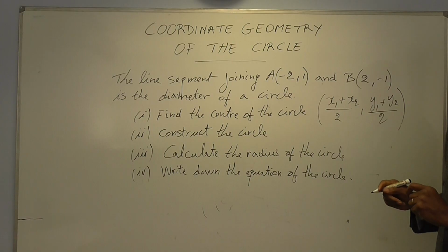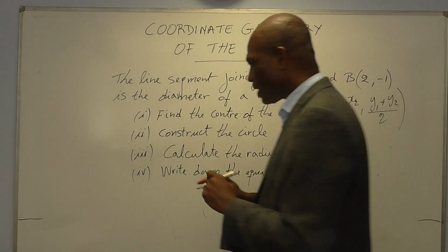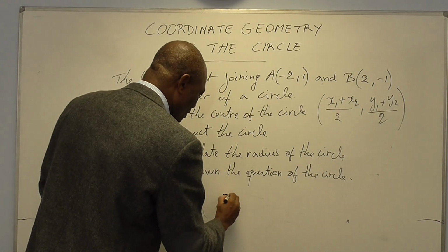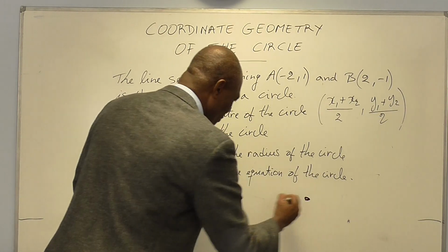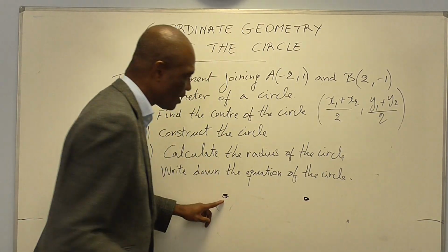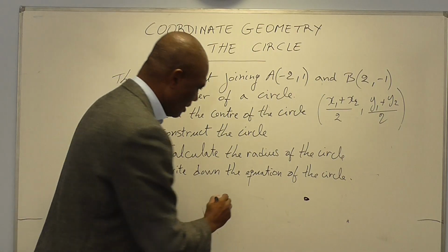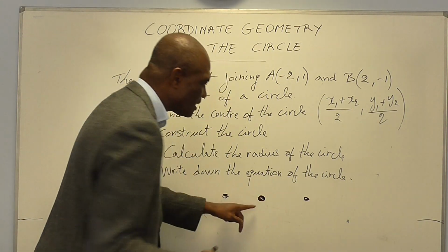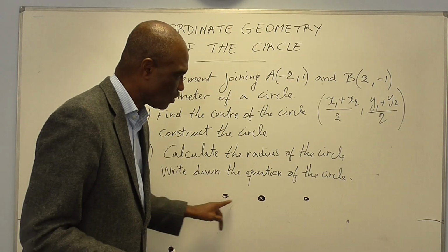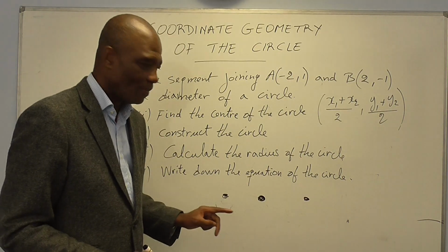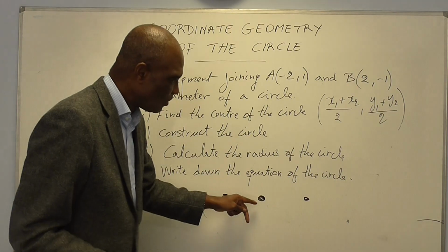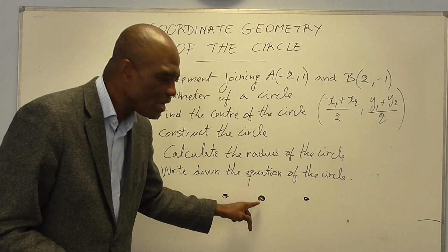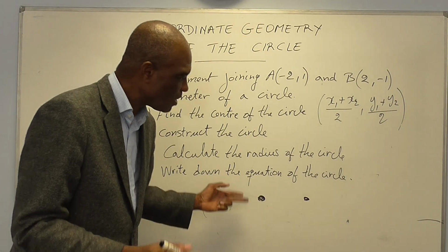The center, the middle, if you have 1 point there and 1 point here, the point that is the middle between the 2 points. So the formula gives the coordinate of the midpoint. Okay, we call it midpoint.